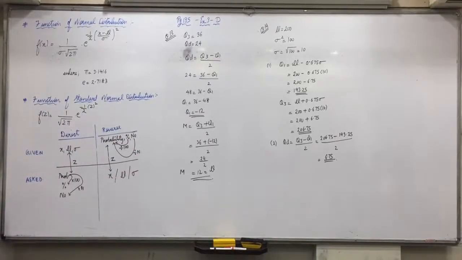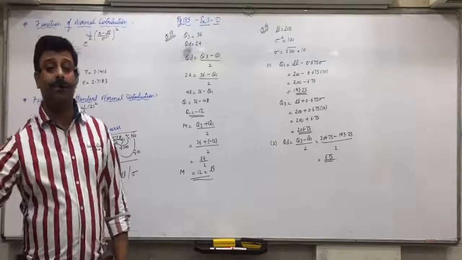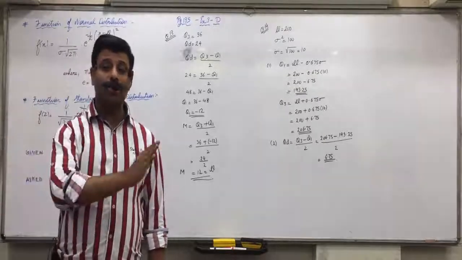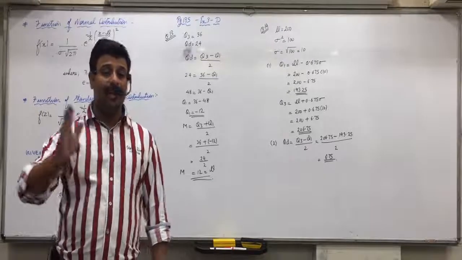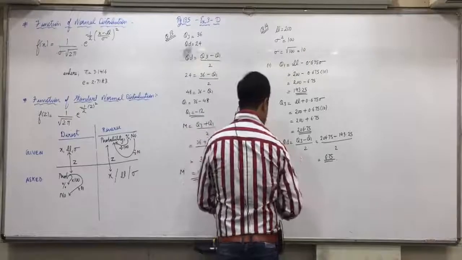And last, again in the properties, see that the question asked is the approximate value of mean deviation. Do you remember the property of mean deviation? I told you 2, 3, 4, 5. Quartile deviation 2 by 3 sigma, mean deviation 4 by 5 sigma. So write down third.